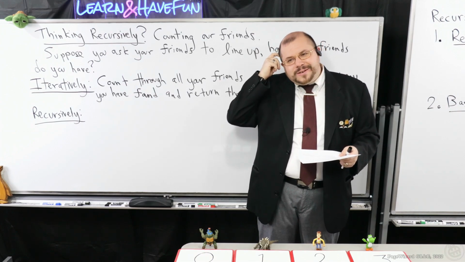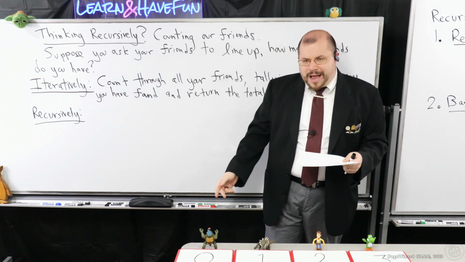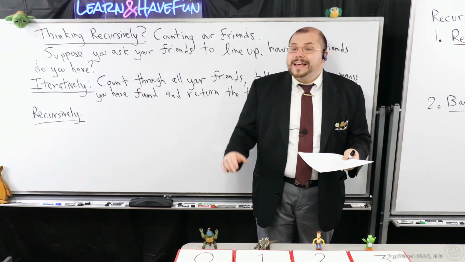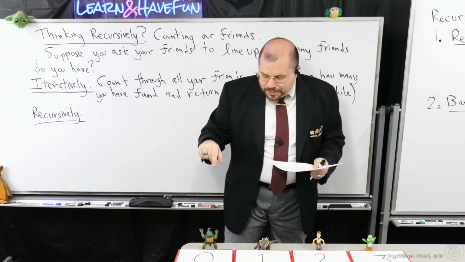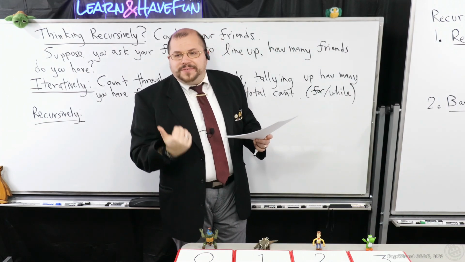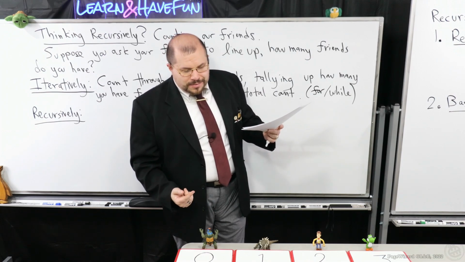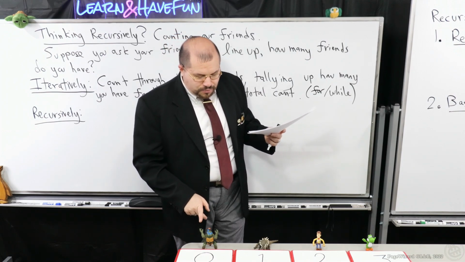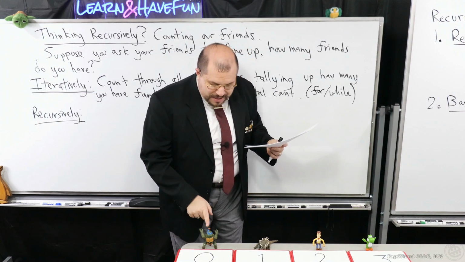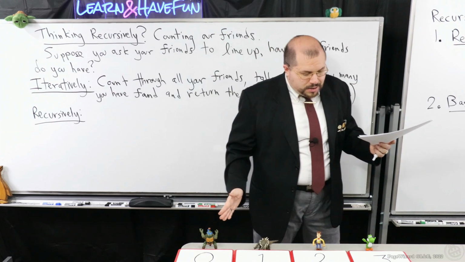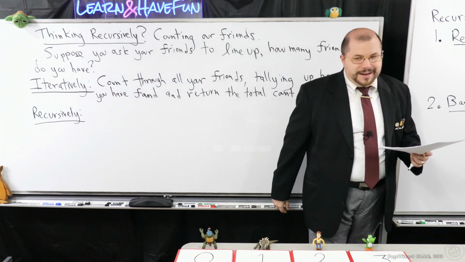Now, instead of it just simply being that I'm going to pass along the rest, maybe I might want to think about this instead like this. One of my friends knows that all the rest of my friends are to their left, to your right.